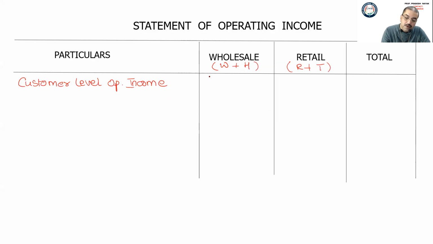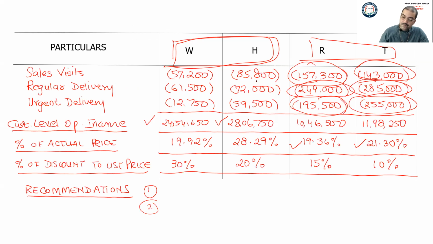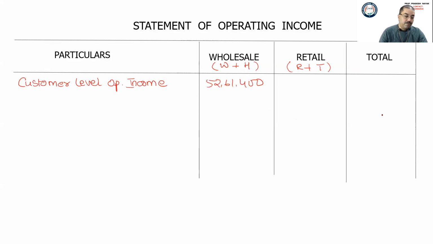That is 52,61,400. Okay. So if you take the total of R&D, these two figures, 22,44,700.